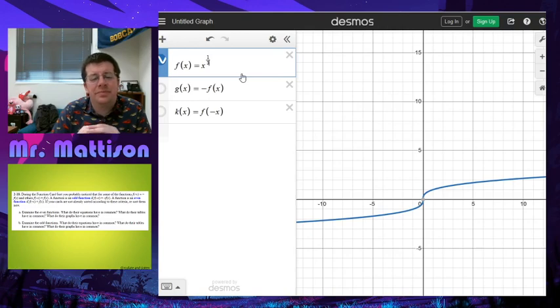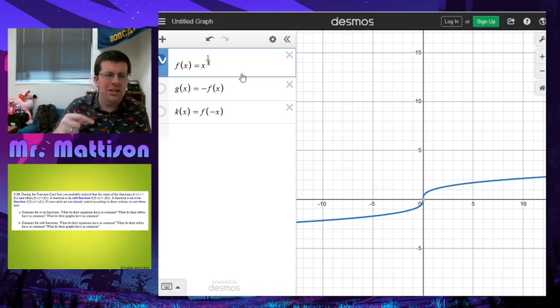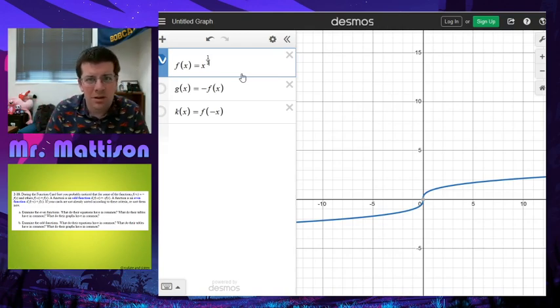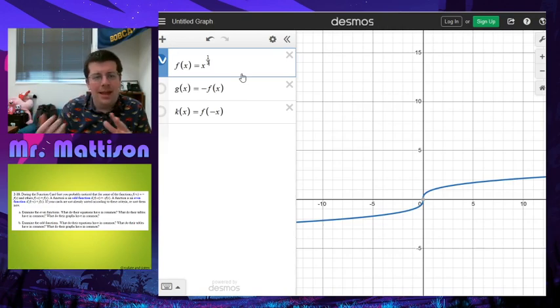And as I mentioned with the rational 1 over x, putting the negative in front of the whole fraction or just the x, you get the same overall result. So hopefully those are making sense, right? That's why we have these odd functions: this, which causes the vertical flip, and this, which causes the horizontal flip, give you the exact same result.